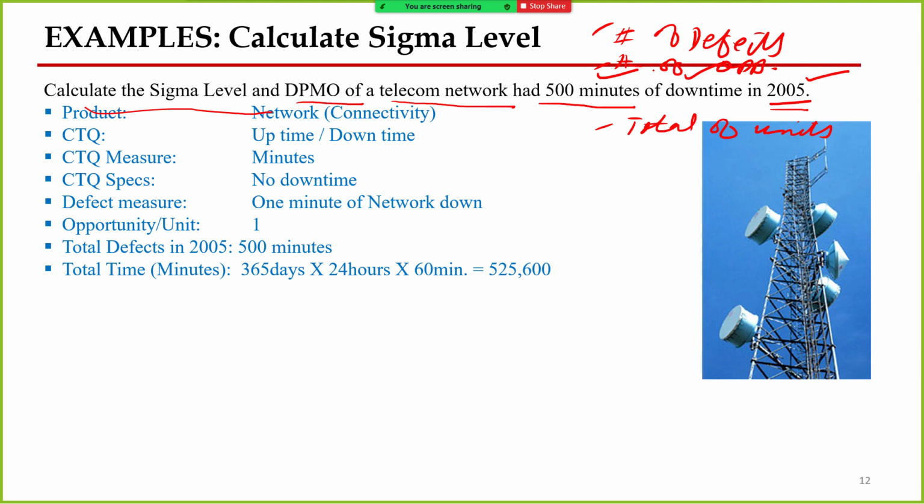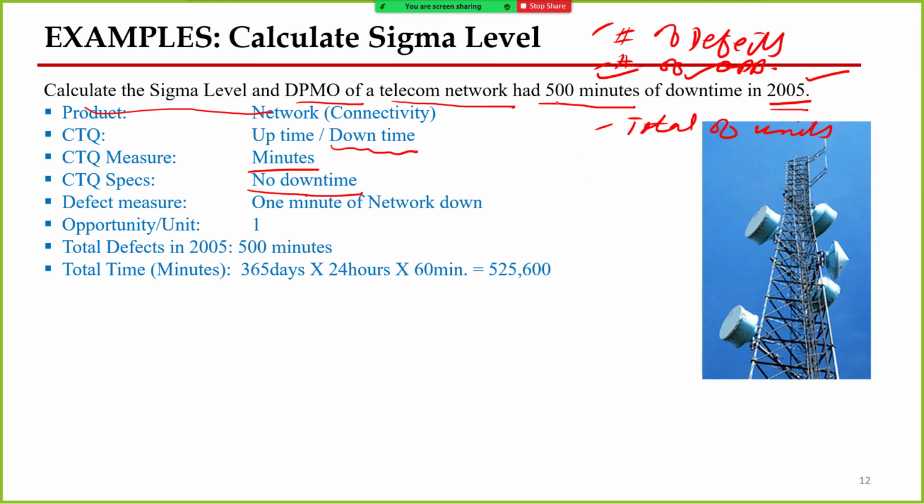Whenever there is at least 1 minute or 60 seconds, we will consider that as a downtime. So obviously the specification limit is that we want there should be no downtime. We are measuring in minutes, and the critical to quality is we want to reduce this downtime.